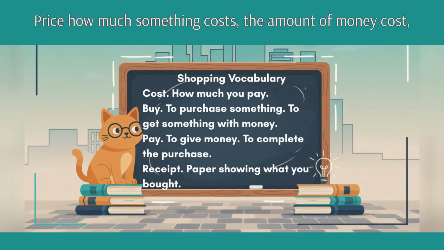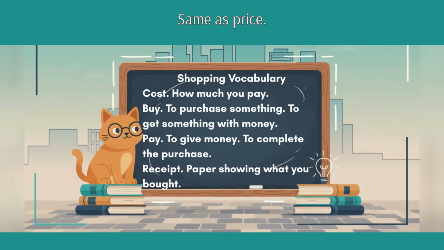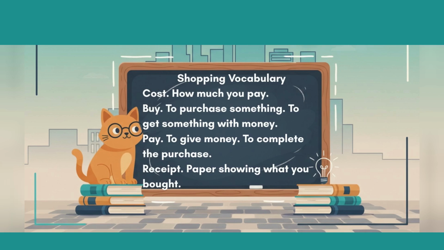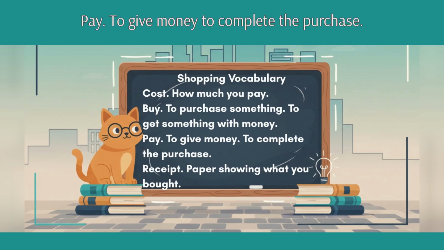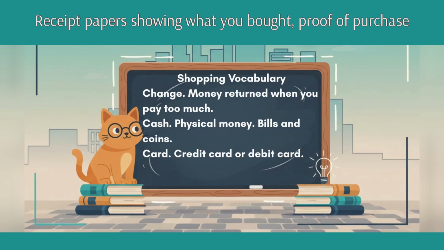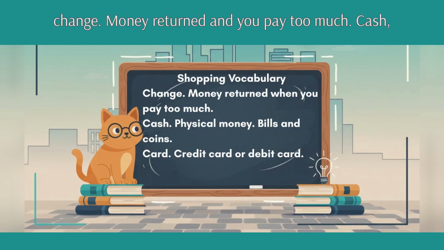The amount of money. Cost. How much you pay. Same as price. Buy. To purchase something. To get something with money. Pay. To give money. To complete the purchase. Receipt. Paper showing what you bought. Proof of purchase.